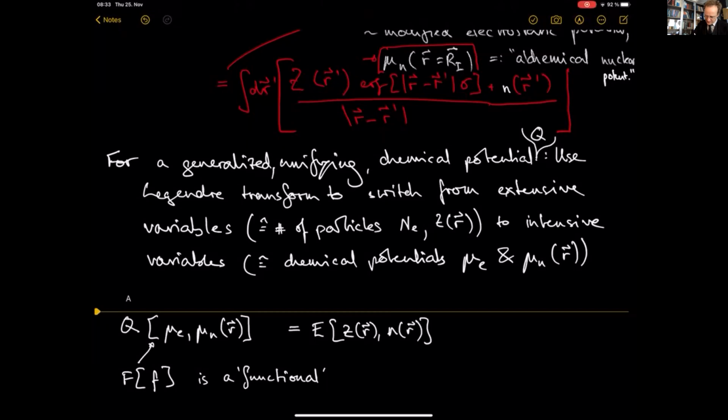That means we can add or subtract a term where we sum up all those particle derivatives, where we take the energy derived with respect to these particle distributions times the particle distributions.